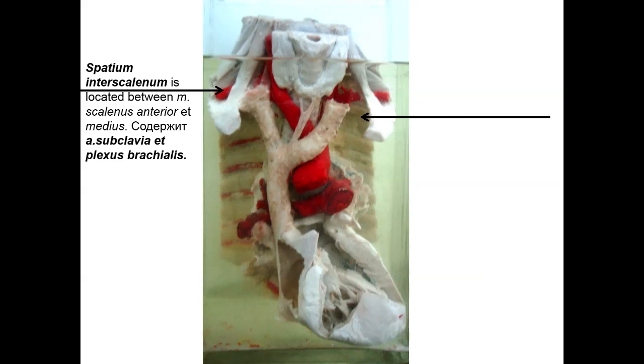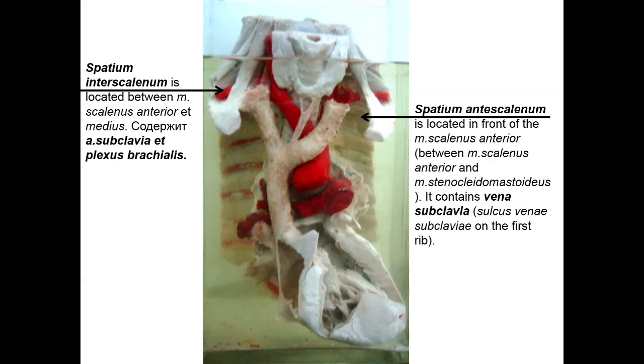And now, this arrow, where can we find it? Before, anteriorly to musculus scalenus anterior. Here it is musculus scalenus anterior, and the head of the arrow demonstrates the spatium antescalenum. So this is spatium antescalenum. Here, vena subclavia connects with vena jugularis interna, and together they form this vena brachiocephalica sinistra.